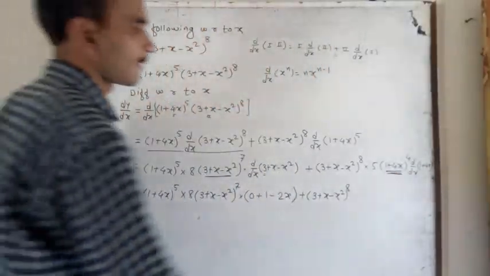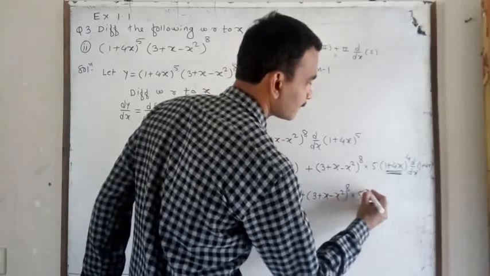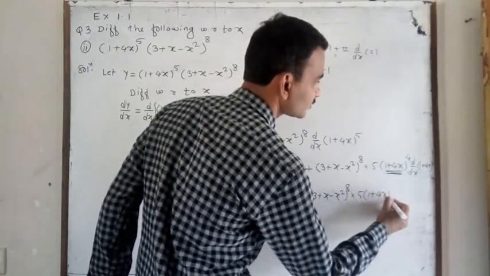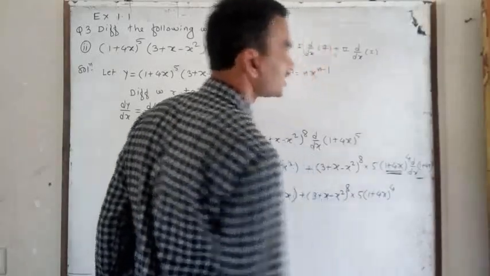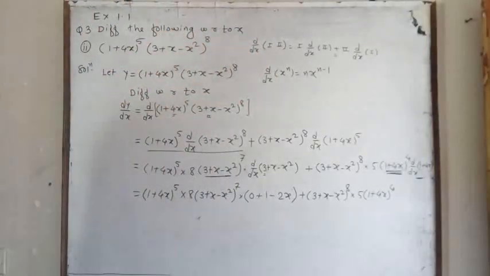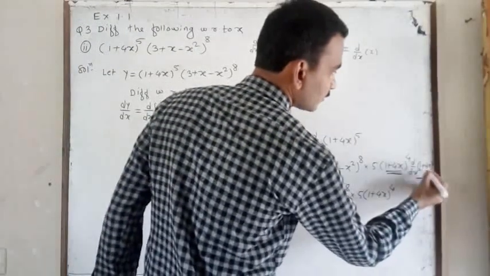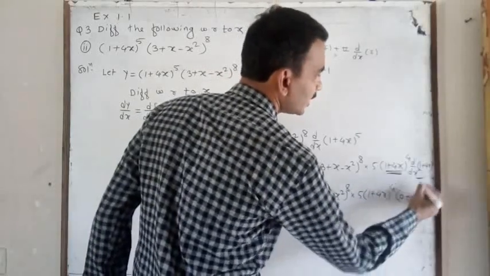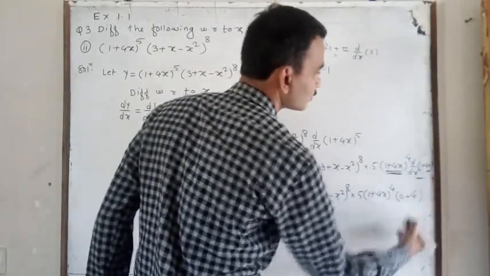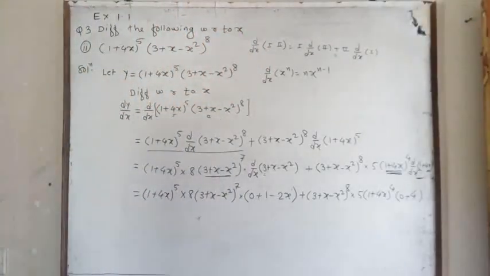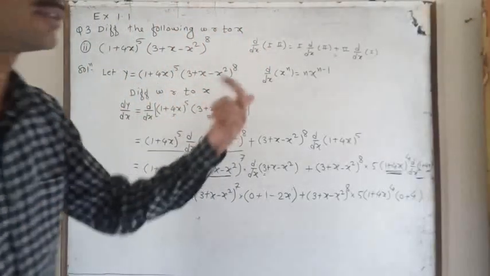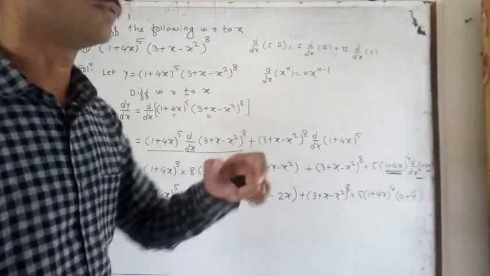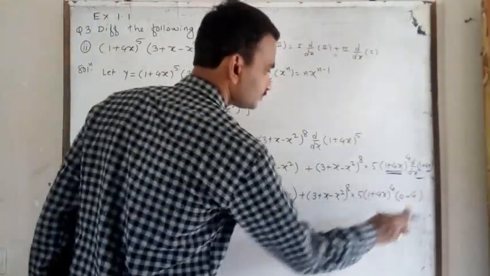After that, 1 plus 4x raised to the power 4. Differentiate this term 1 plus 4x with respect to x. Derivative of constant term is 0, and derivative of 4x means 4.